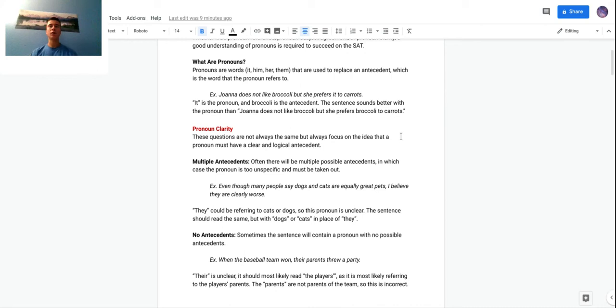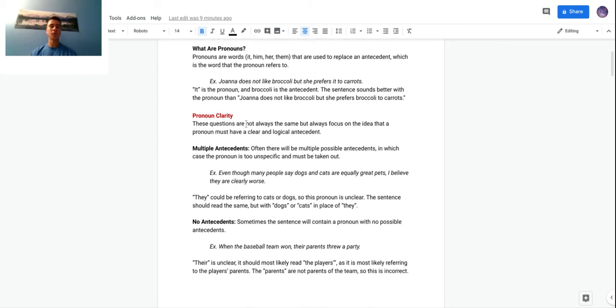In that case, you'd have to make the pronoun into a specific noun instead of an unspecific pronoun, because that doesn't make sense. In another case, there could be a pronoun with no logical antecedent, so you'd also have to replace that with a noun. We'll get into the multiple antecedent case right here.